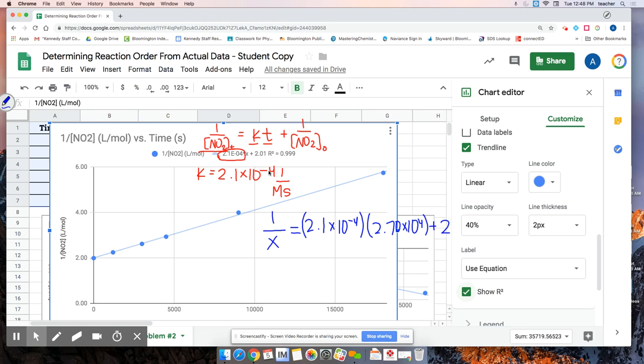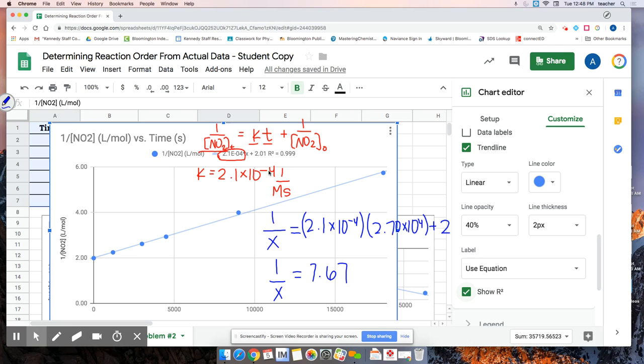Or I can look at my graph and see it crosses at 2. So if I do my math here, I'm going to take 2.1 times 10 to the negative 4th times 2.7 times 10 to the 4th plus 2. So 1 over x is equal to 7.67.